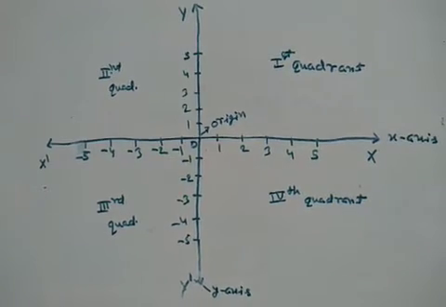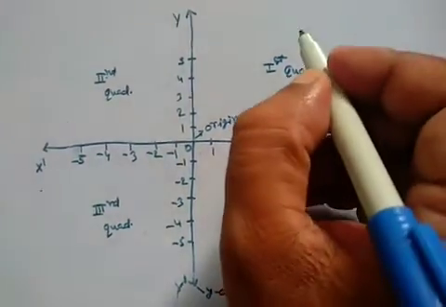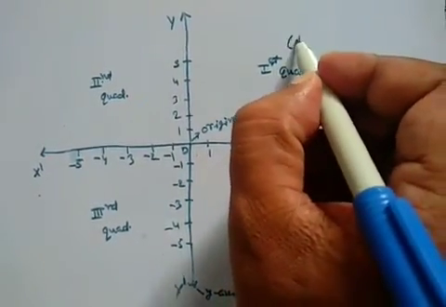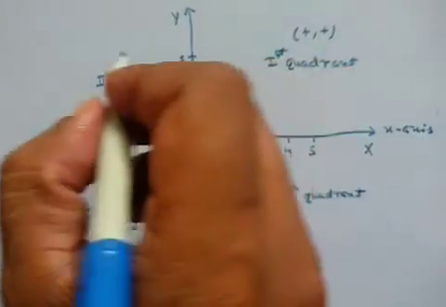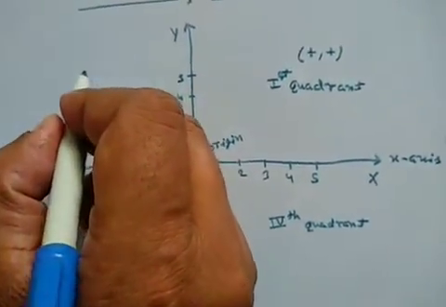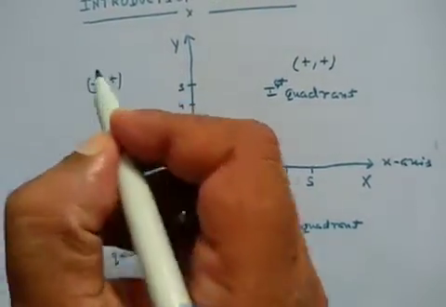Students, you must keep in mind that in the first quadrant, abscissa and ordinate both are positive, and in the second quadrant, abscissa is negative but ordinate is positive.